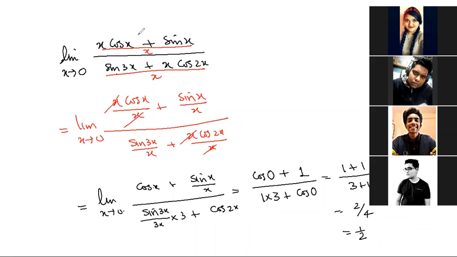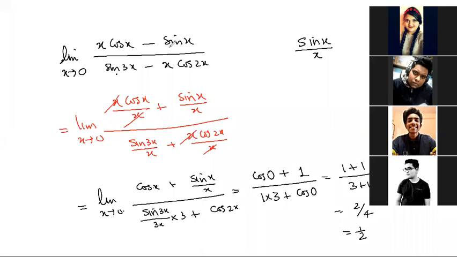Sir, can you explain why did you divide it by x? If you see a sin x, unless you have x down, you cannot solve it. I saw a sin x here and a sin x here. Unless I bring an x, I cannot do this problem.